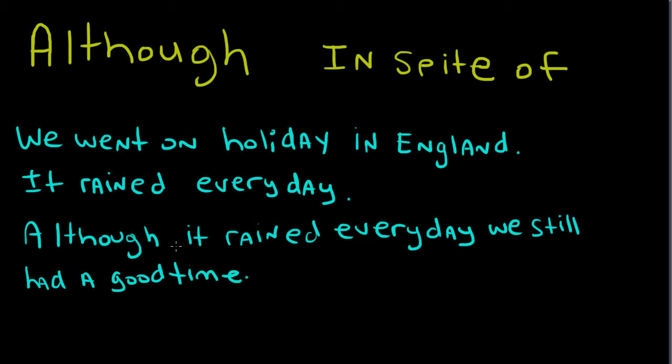So in this sentence, when we say although it rained every day, we mean even though it was raining every day, but we still had a good time. And that's how we use although. It means it rained every day, but we still had a good time.